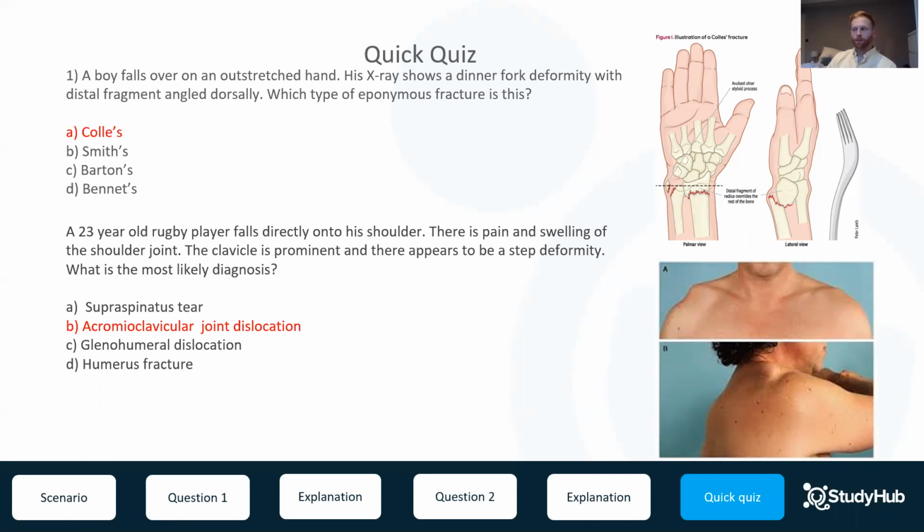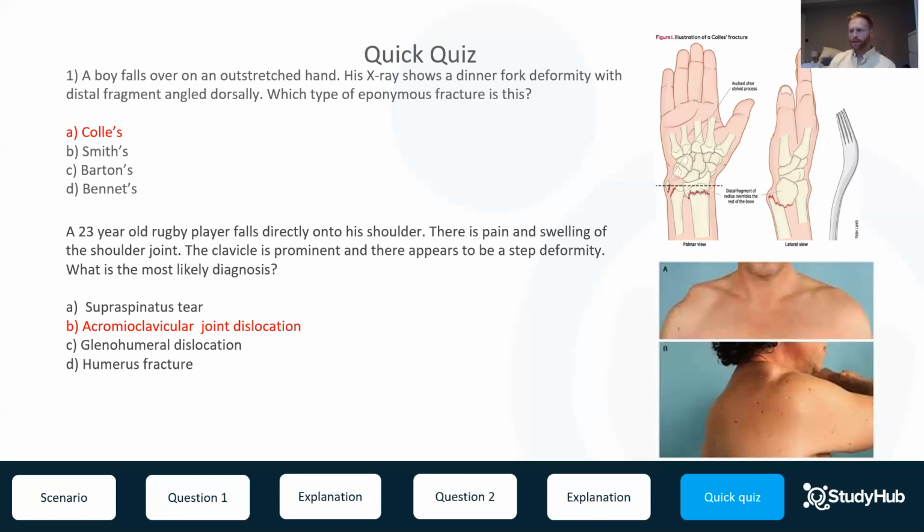And you basically break or rupture some of the ligaments that hold the ACJ, the acromioclavicular joint, together. So that could be the conoid or the trapezoid ligaments, or the acromioclavicular ligament itself. And there's various grades of injury, from 1 to 5, depending on how severe it is and where the clavicle ends up.